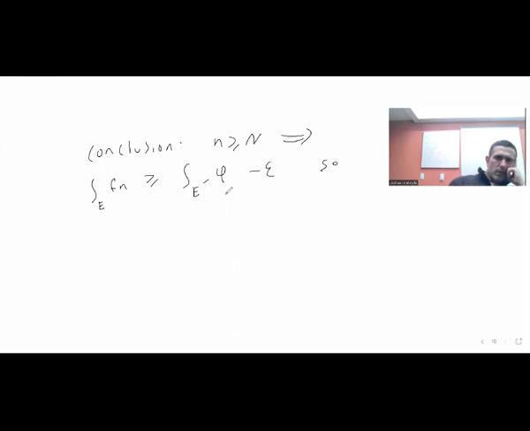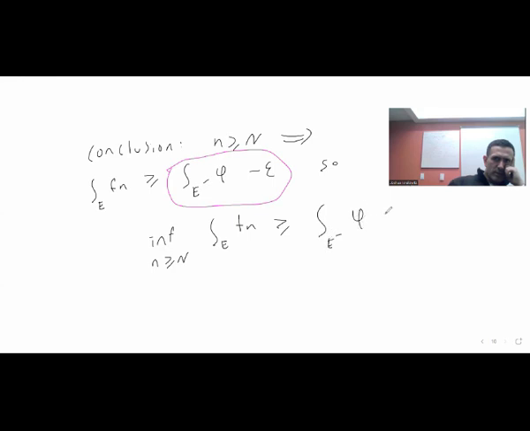In other words, this here, which I'm going to circle, is a lower bound for all of these integrals for n bigger or equal to big N. That's the point. The inf is the greatest lower bound. So this inf is bigger or equal to this integral here.